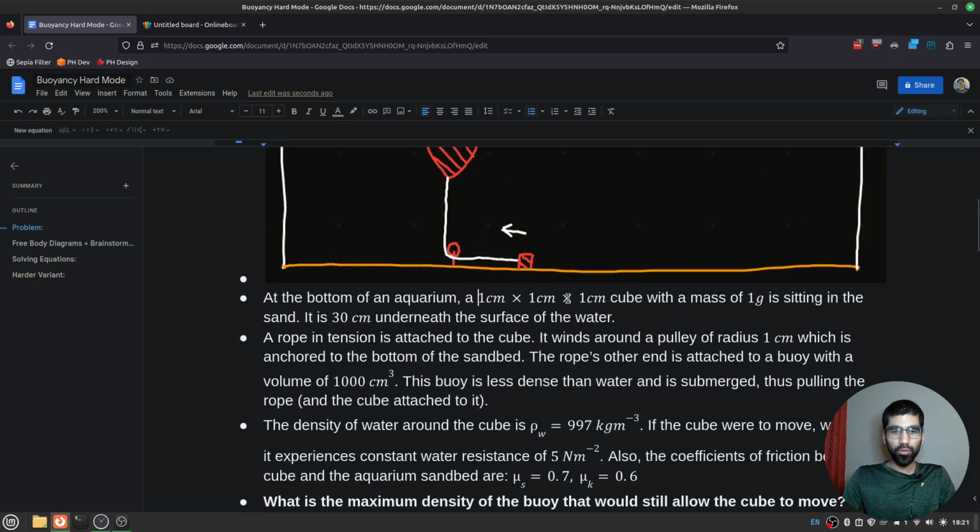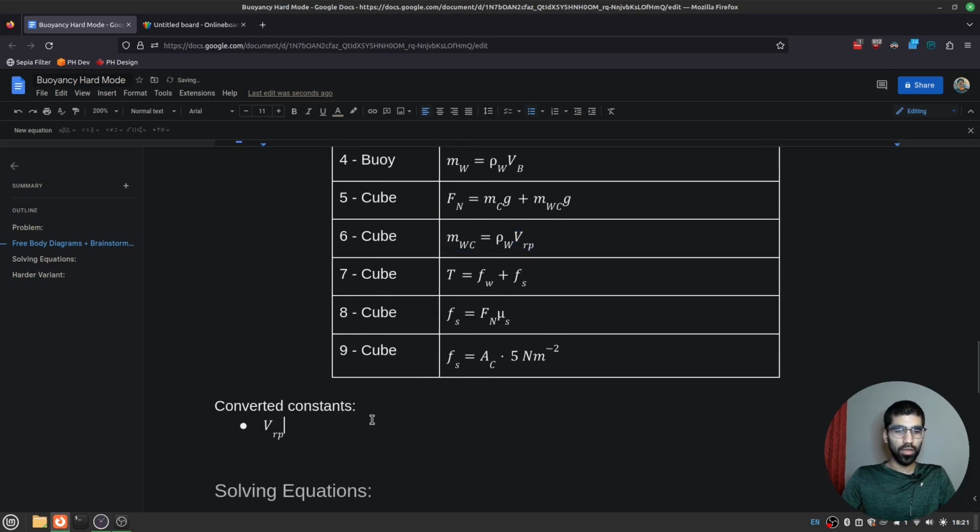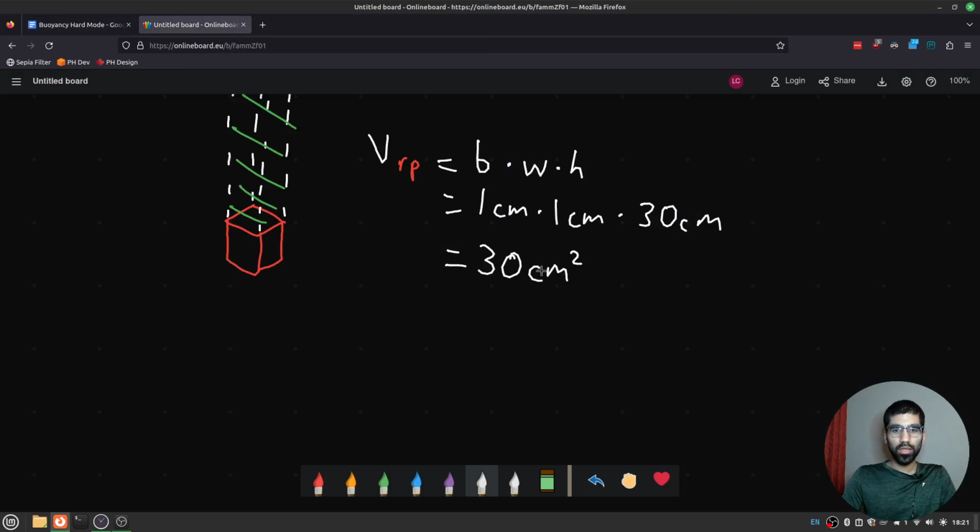So what's the volume of the cube gonna be? Well, do we need the volume of the cube? I don't think so, but we do need the volume of the rectangular prism above the cube, so what's that gonna be? We said earlier that it was 30 cubic centimeters, not square centimeters.